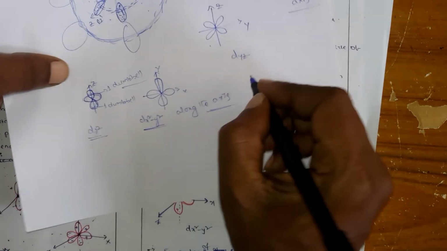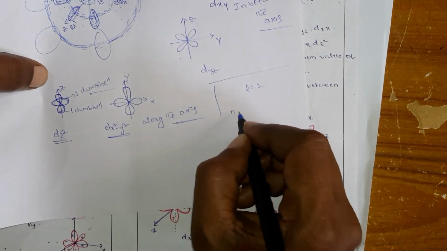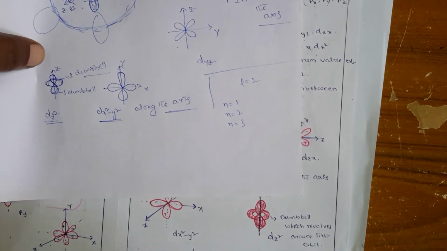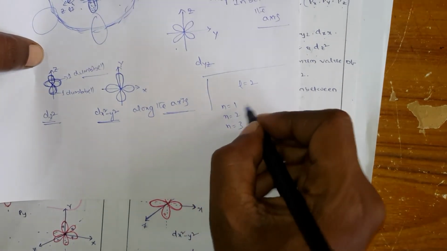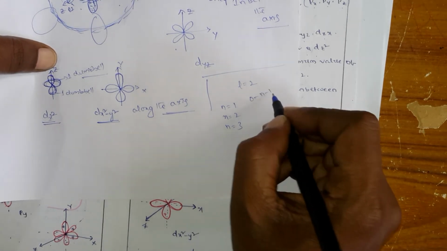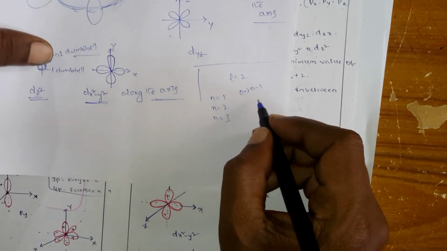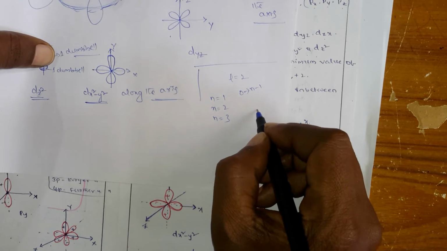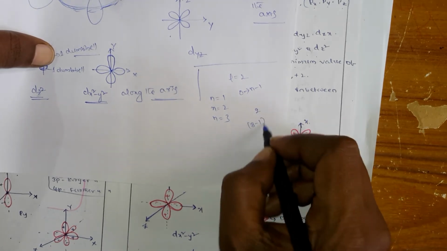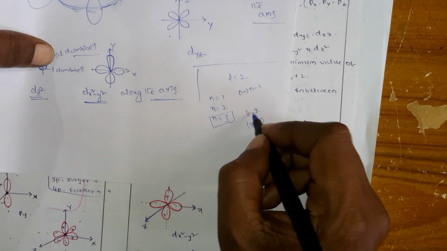Where is L equal to 2 present? Suppose you have n equal to 1, n equal to 2 and n equal to 3. For each n value the L values are 0 to n minus 1. So L equal to 2 means maximum 3 minus 1.